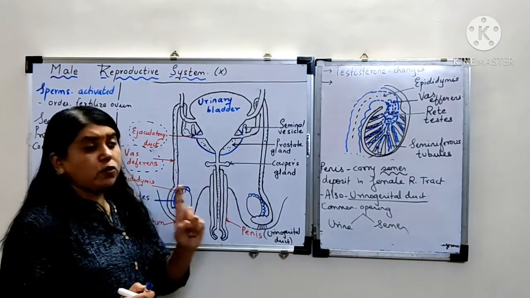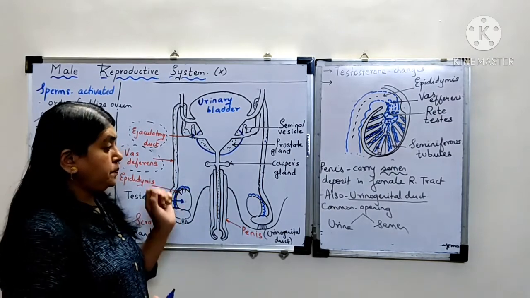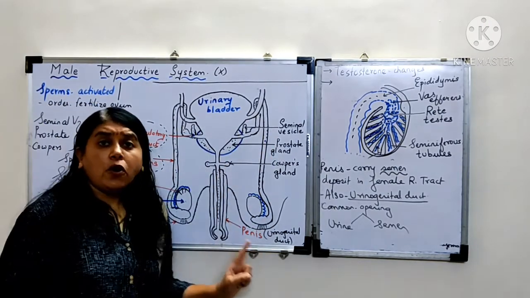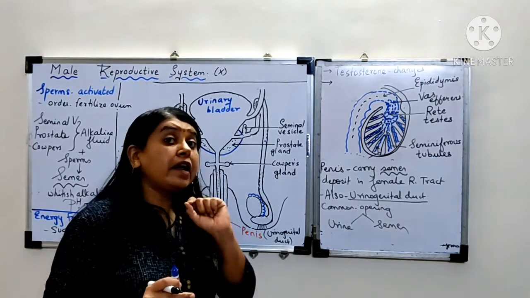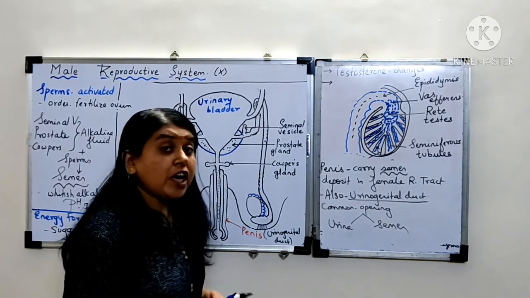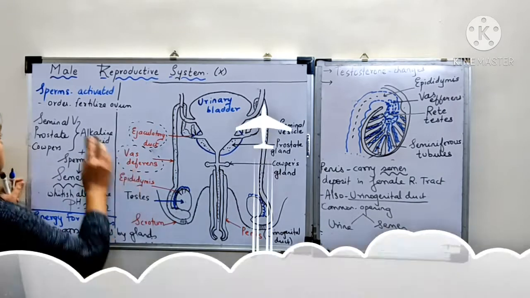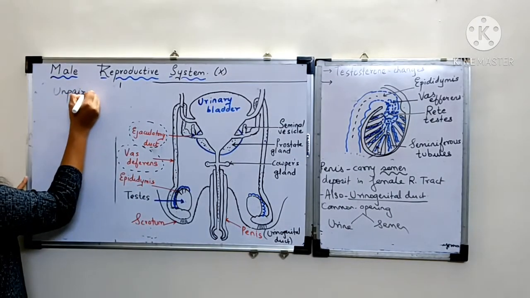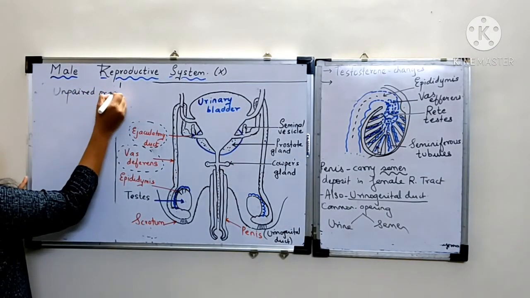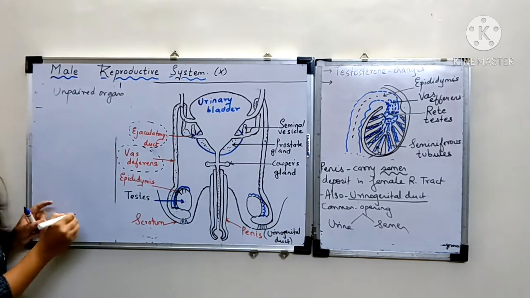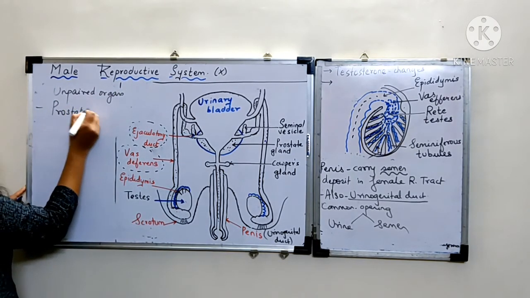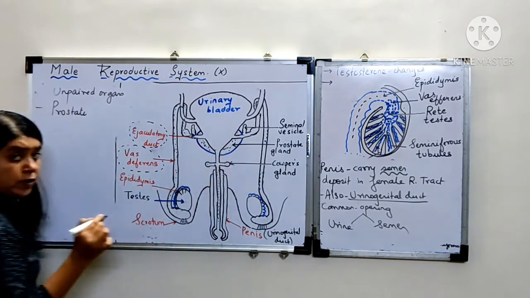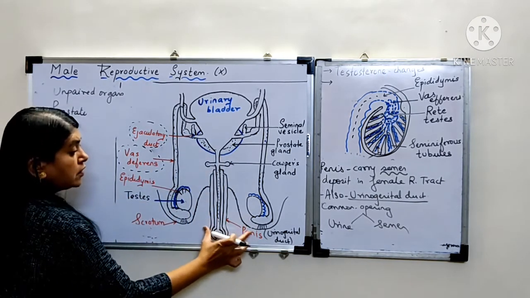Okay. One more important thing over here is that all the organs in the male reproductive system are paired except, so which are the unpaired organs? The prostate, that means this gland which we have shown, then the scrotum.